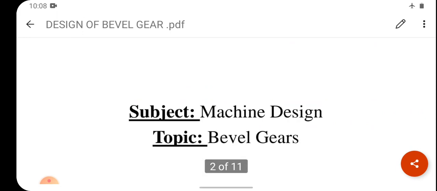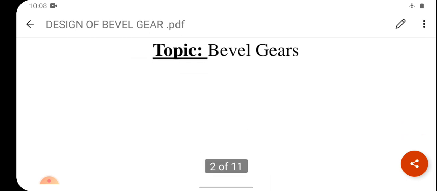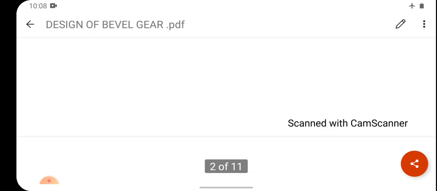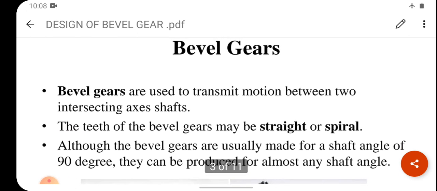So what is design of bevel gear? See, this is the subject machine design and topic is bevel gears. That is unit number 4 of machine design 2. What is bevel gear? Bevel gears are used to transmit motion between two intersecting axes or intersecting shafts.